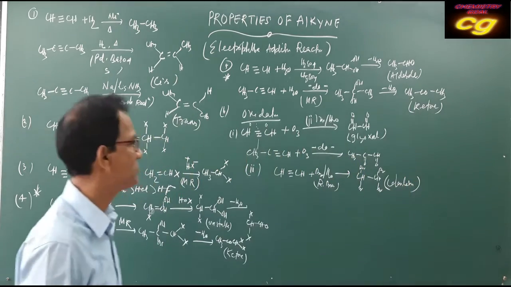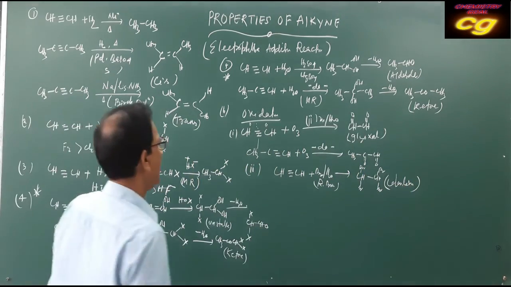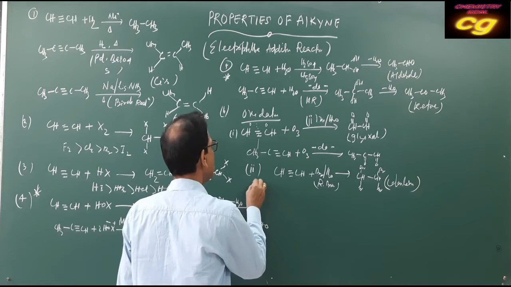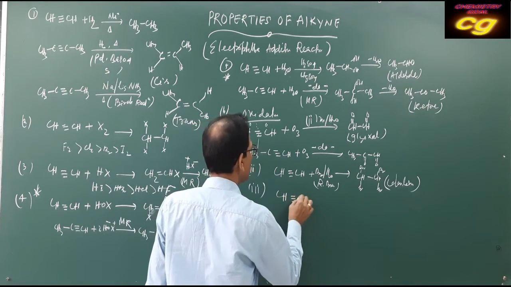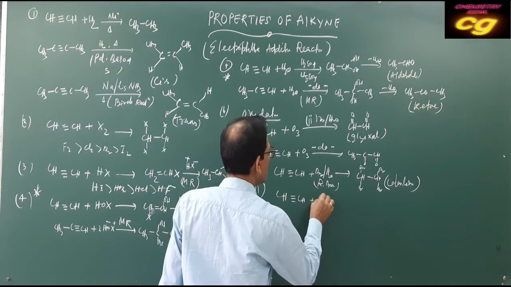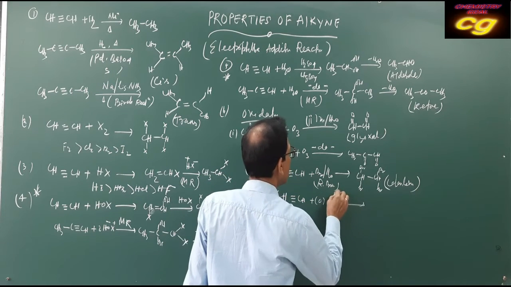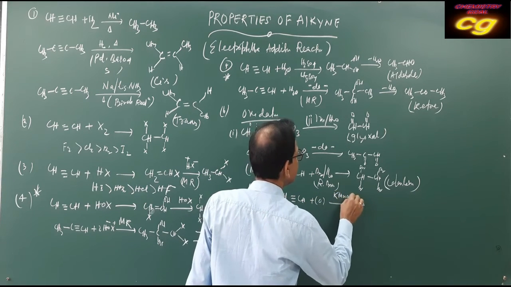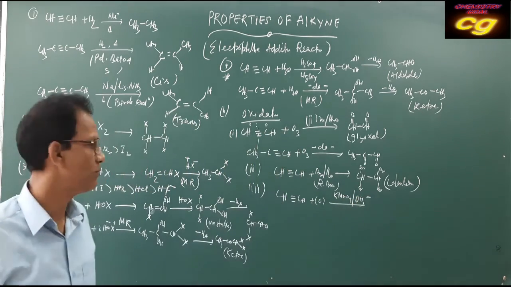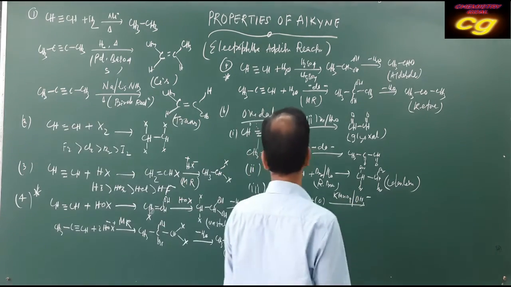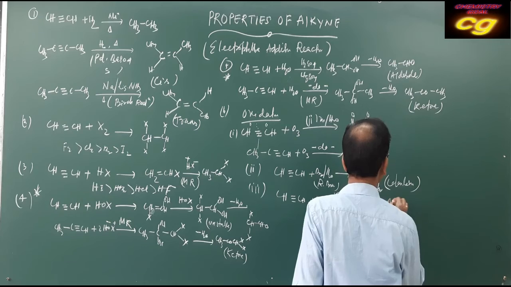This is one important test of alkyne. And alkyne is also oxidized by KMnO4. Oxidation by alkaline KMnO4 finally produces oxalic acid.